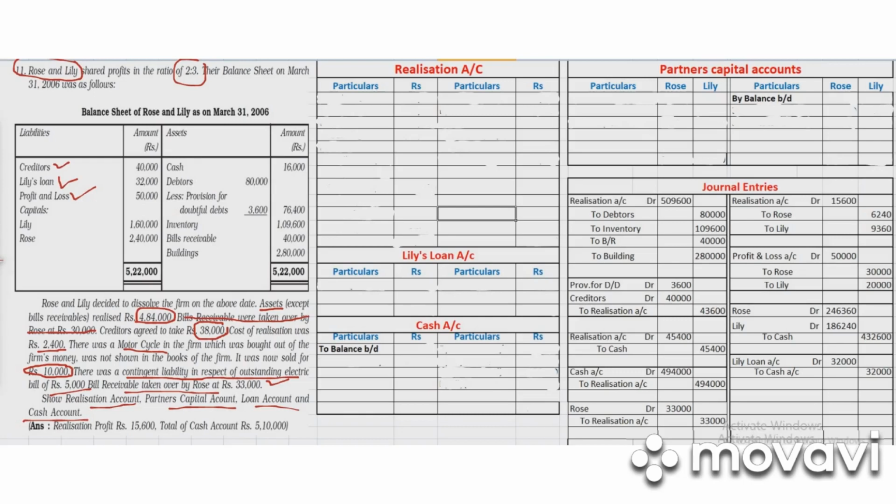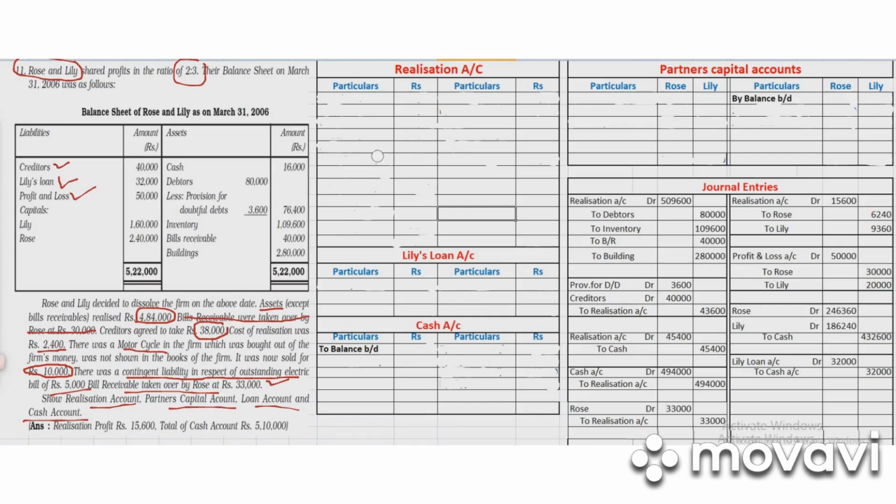Right. Now we start doing this realization account one by one. As you may remember, you just pick up the assets and liabilities one by one, then put them in the realization account. You record the assets, you record the liabilities, then how the assets are sold and the liabilities are settled, you just record it.